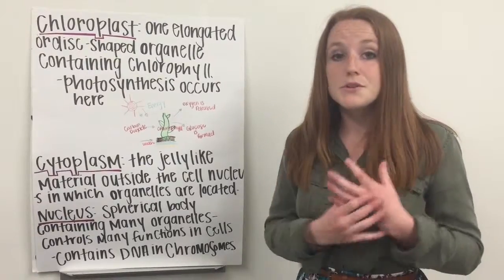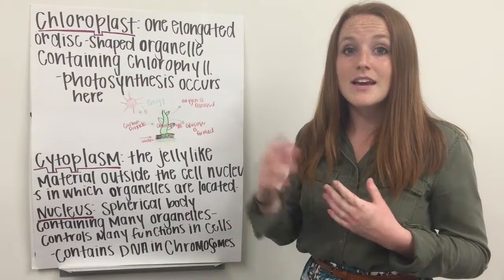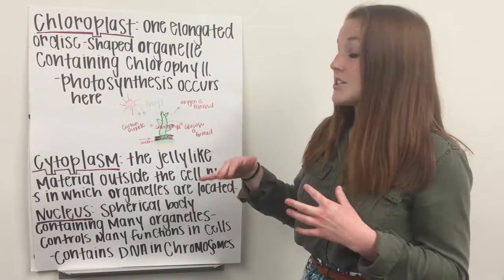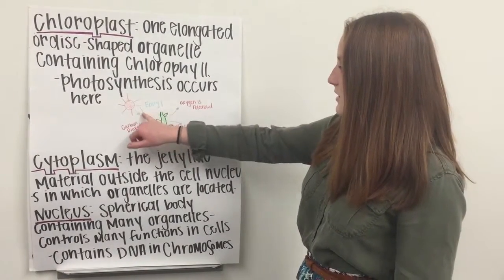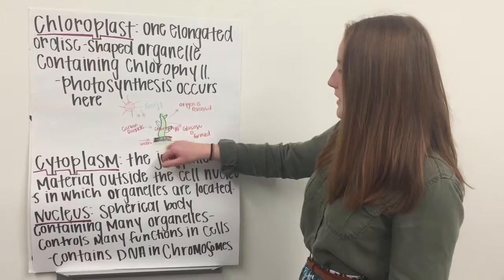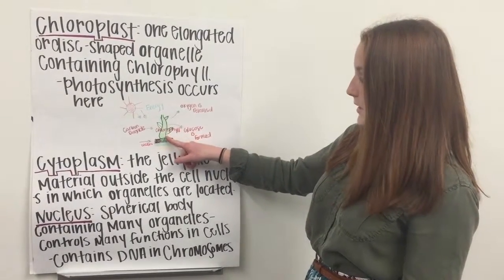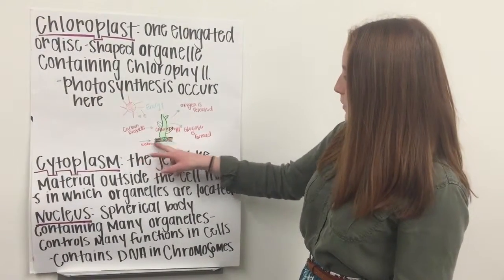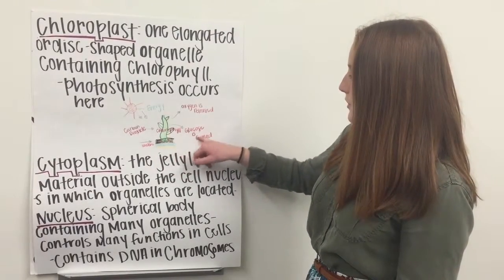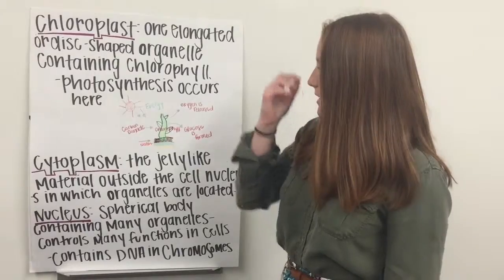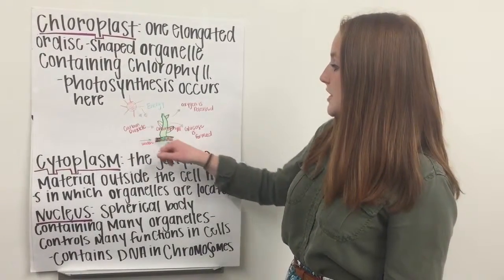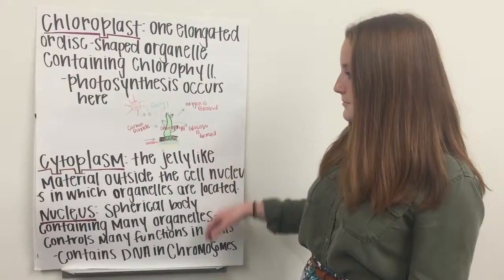If you don't remember what photosynthesis is, it is when light energy is turned into chemical energy in the plant. So as you can see, I drew a sun pointing down at the plant. Chlorophyll, you see the green in the plant. Carbon dioxide, water, you see glucose is formed and oxygen is released. And we see the light energy turning into chemical energy.